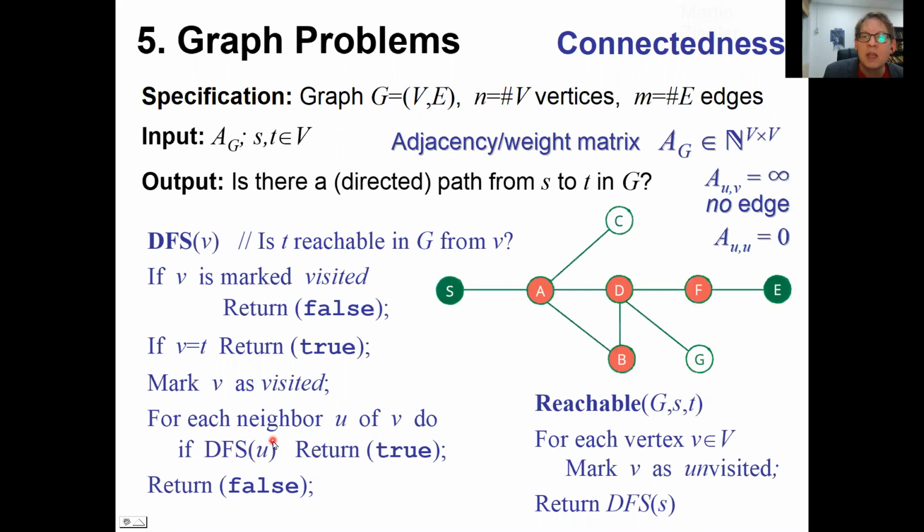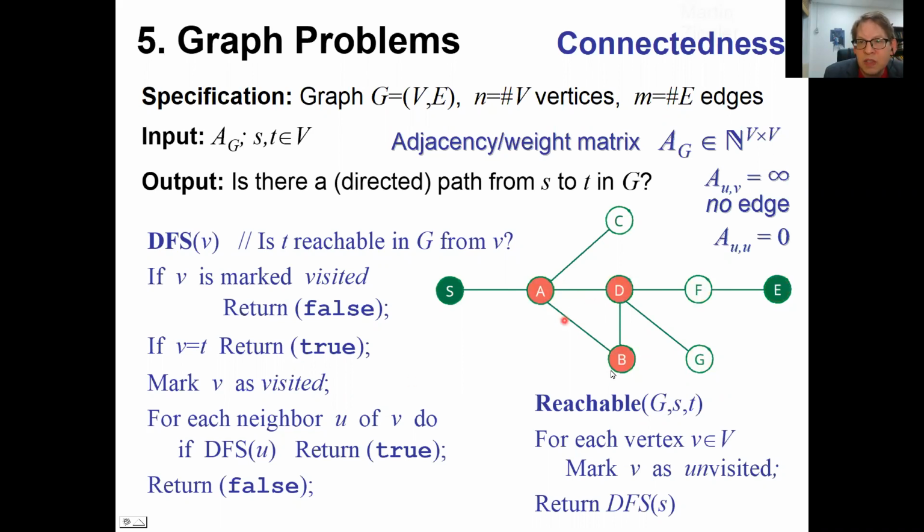And now we proceed and have a look at an animation of this algorithm. So what you see here is a graph where S is the start vertex and E is the target vertex. And this is such a recursive depth first search traversal through the graph.